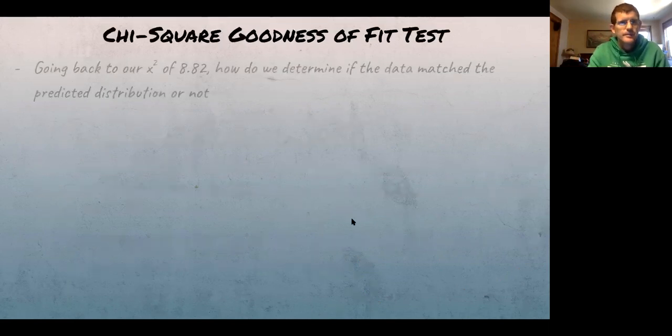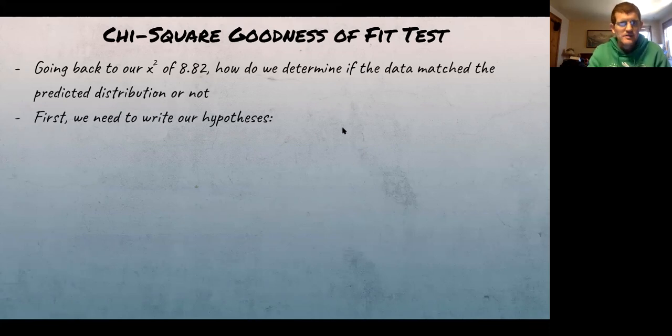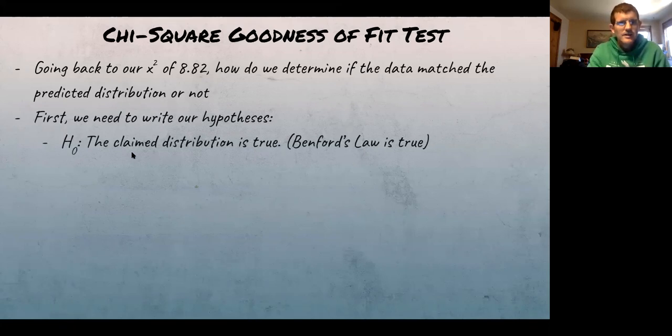Okay. So if we go back to this, we want to determine if the data match the predicted distribution or not. And we're going to start with our hypotheses. I already kind of talked about this, so maybe we can go over it quickly. So the null hypothesis is that our claimed distribution is true, and therefore, in our example, we said Benford's law is true. So it's going to match the distribution predicted by Benford's law.